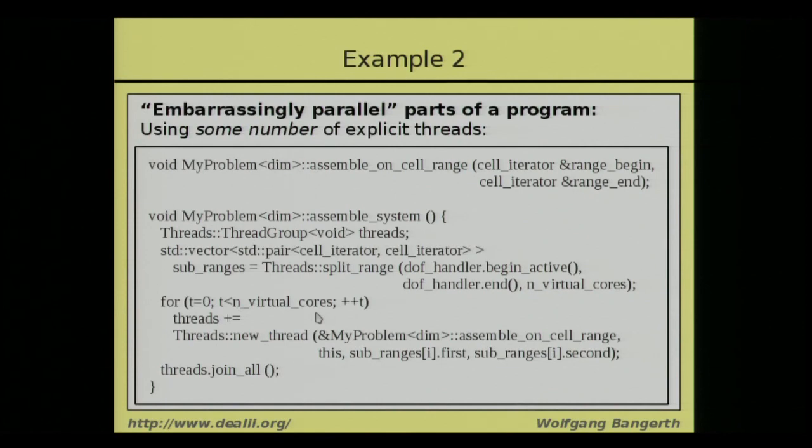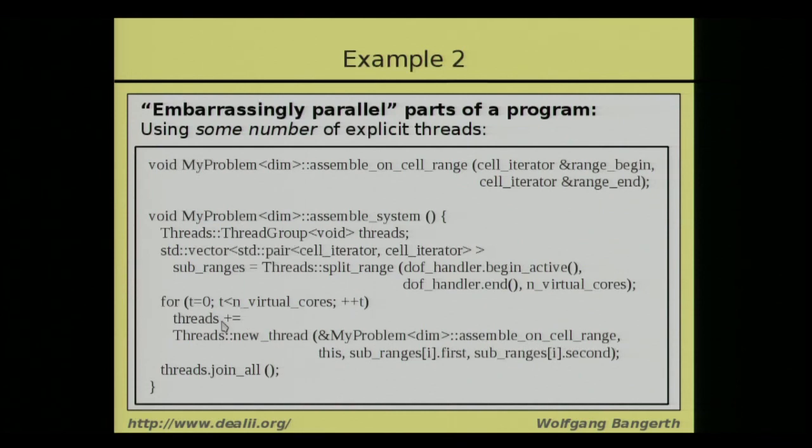And for each one of these elements of this loop, I'm going to create a new thread that calls this function assemble on cell range with the first and the one past the last element of these subranges. And the index here should not be i, but it should be t.